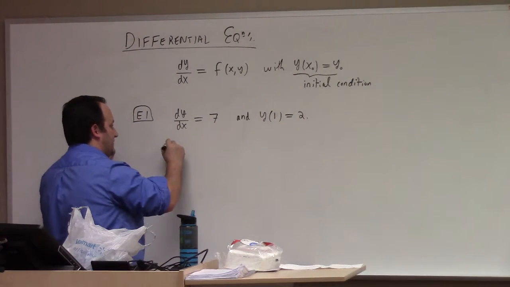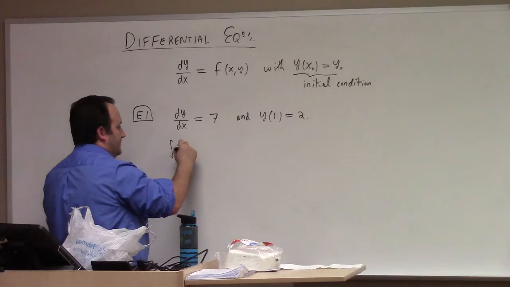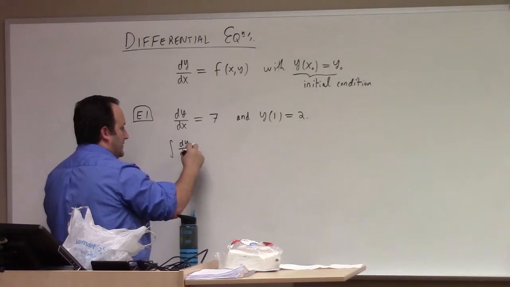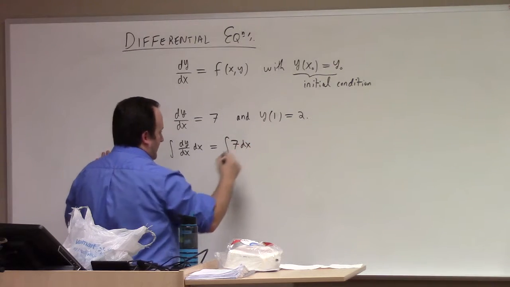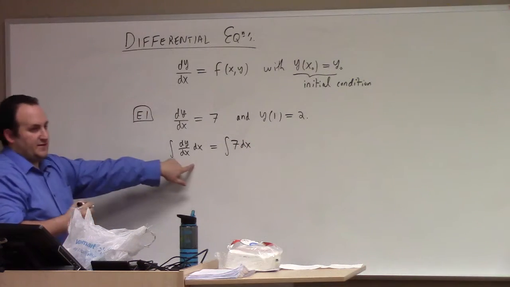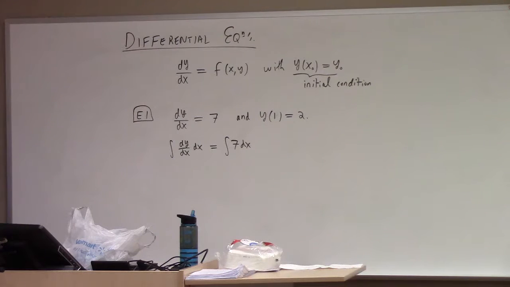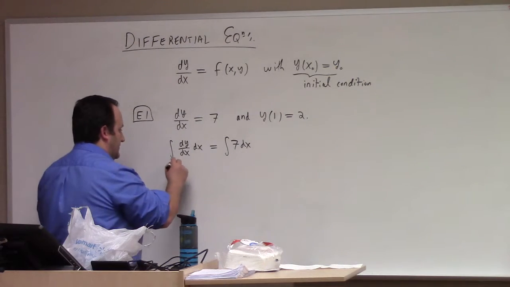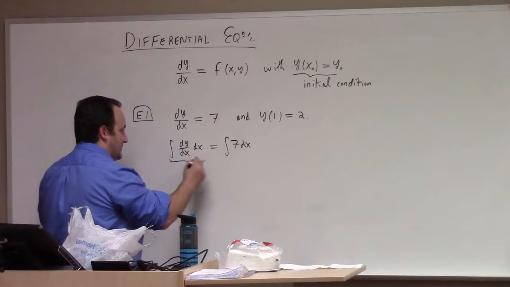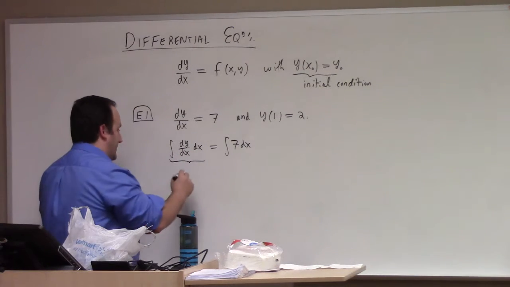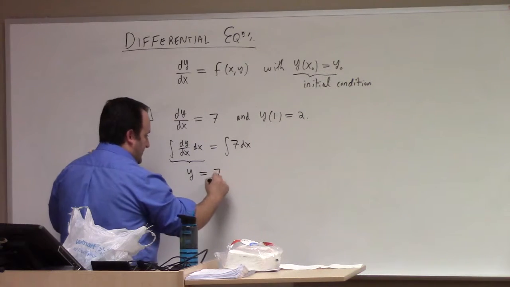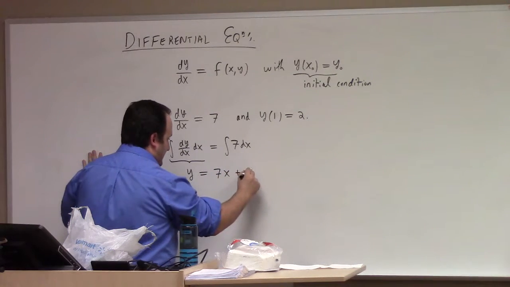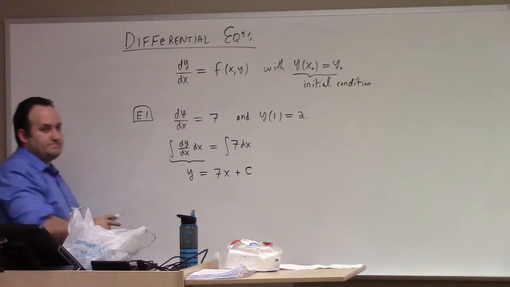Right, we just integrate. So if we integrate dy/dx, that's equal to the integral of 7 dx, right? The integral of dy/dx is just y, and this is 7x. And then we have to add a constant, right?